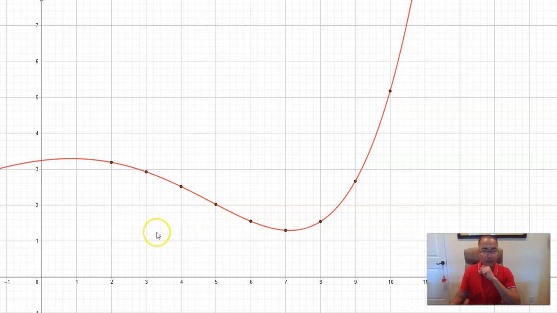So we did have 1, 2, 3, 4, 5, 6, 7, 8 subintervals. So we do have an even number, n equals 8, to work with. So what I was saying is we'll take the first 3 points and then we will string them together in a parabola.